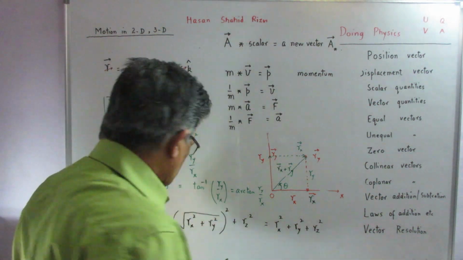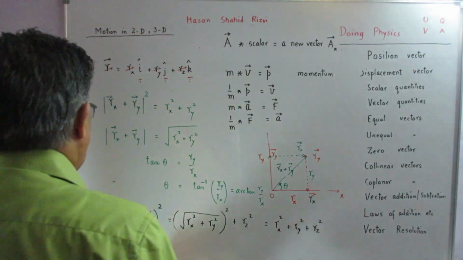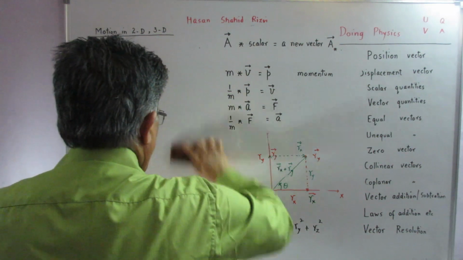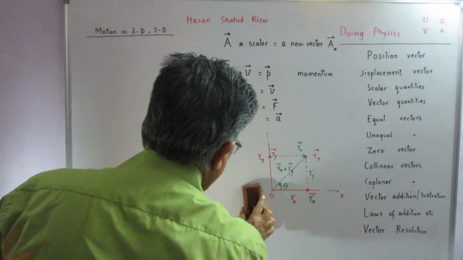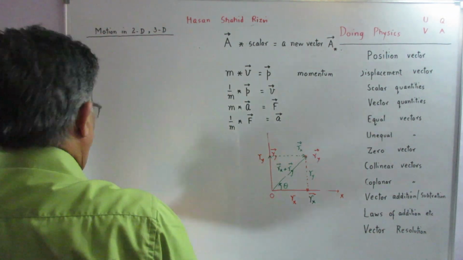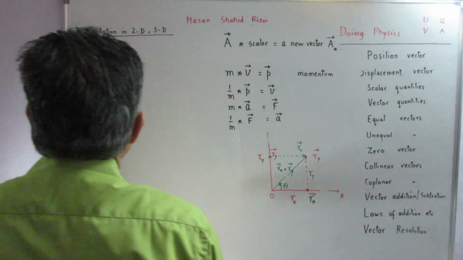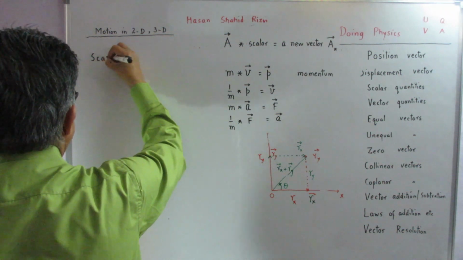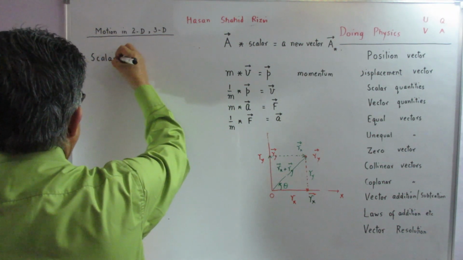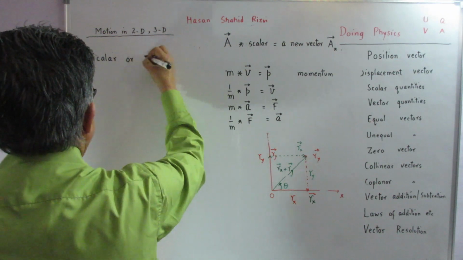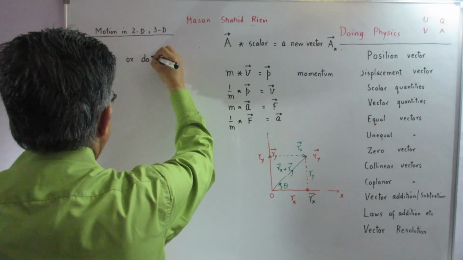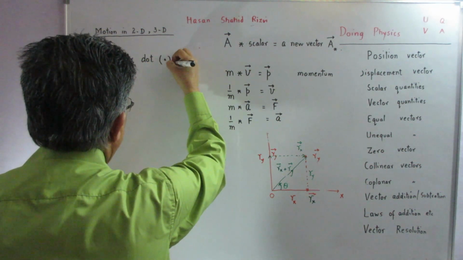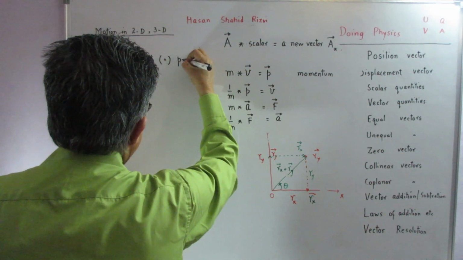Now, the second thing I must define about vector multiplications. I will have occasion to write things again, but right now I am going for the scalar product, written as A dot B, the dot product.